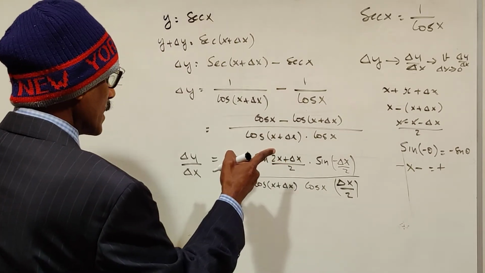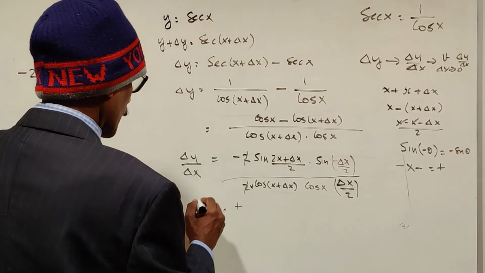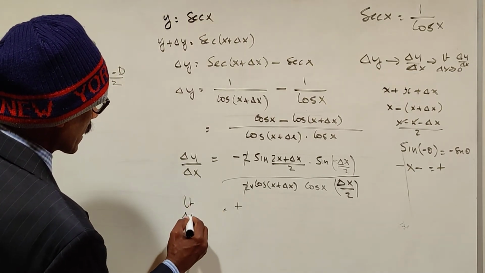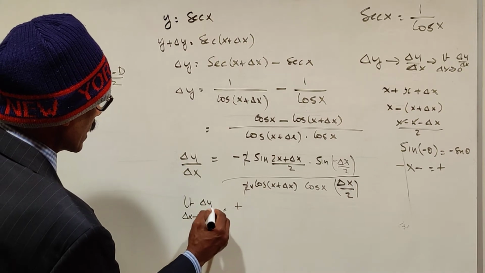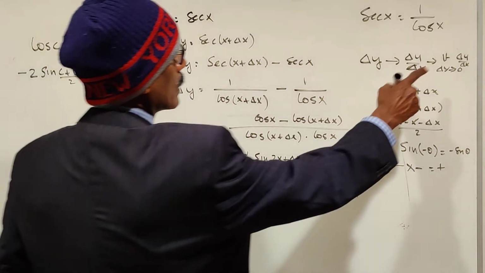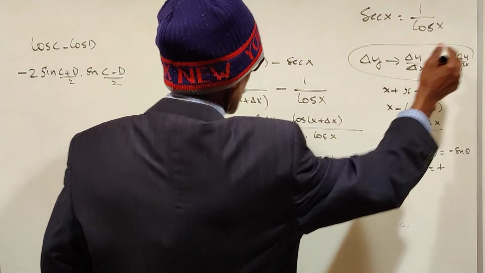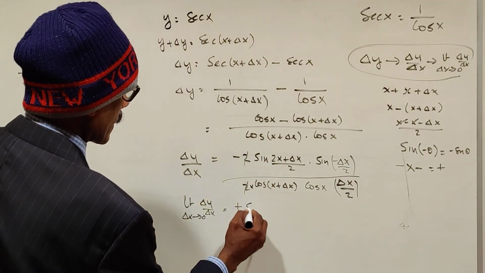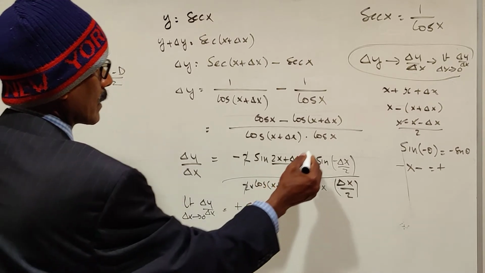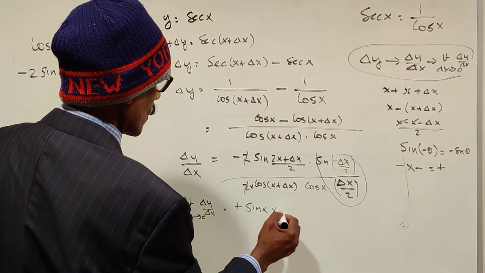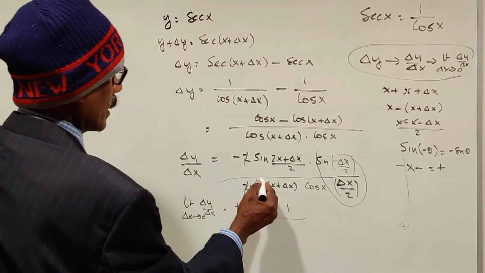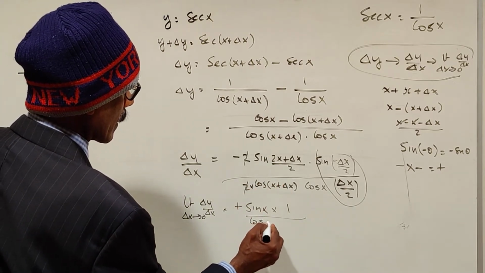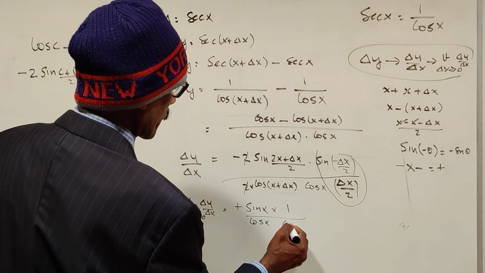Okay, when delta x tends to 0, I am going to put the limit. Limit delta x tends to 0 of delta y by delta x. That is what we need to find out. The last term, okay, cancel sine x. This one becomes 1. 1 divided by cos of delta x tends to 0 is 1, then cos x again.